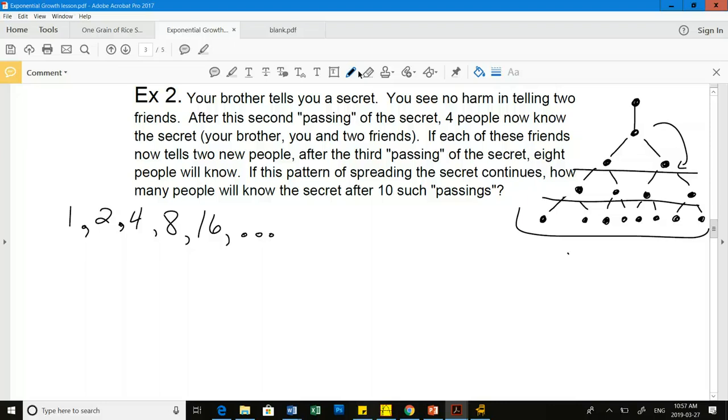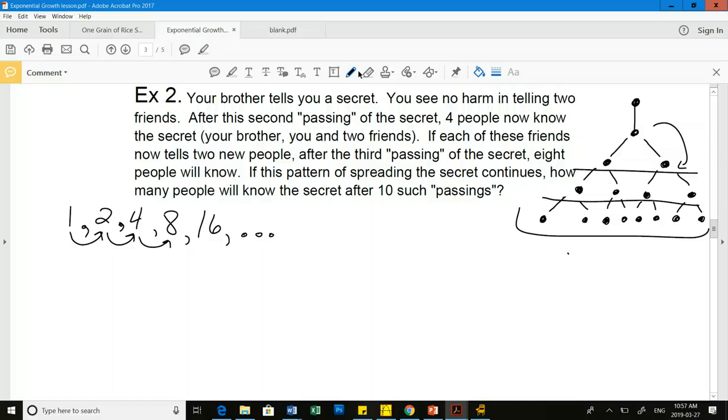So after the first passing, 2 people know, and then after the second passing, total of 4 people know, and then after the third passing, a total of 8 people know. So we're actually adding it together with this pattern right here. Okay, so the reason why I did that is because the question is asking us, if this pattern of spreading continues, how many people total will know after 10 passings?